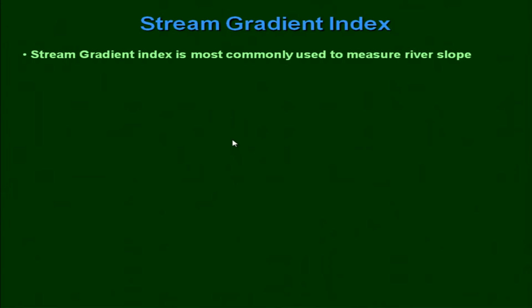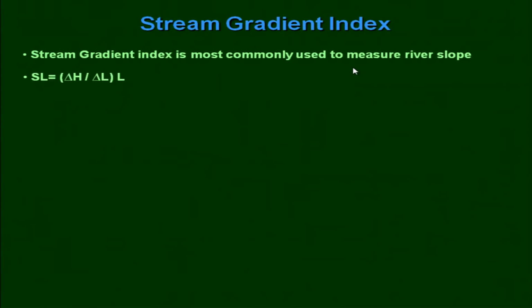Now the gradient index, this is another parameter which is an important indicator of ongoing active deformation. So the stream gradient index is most commonly used to measure reverse slope.